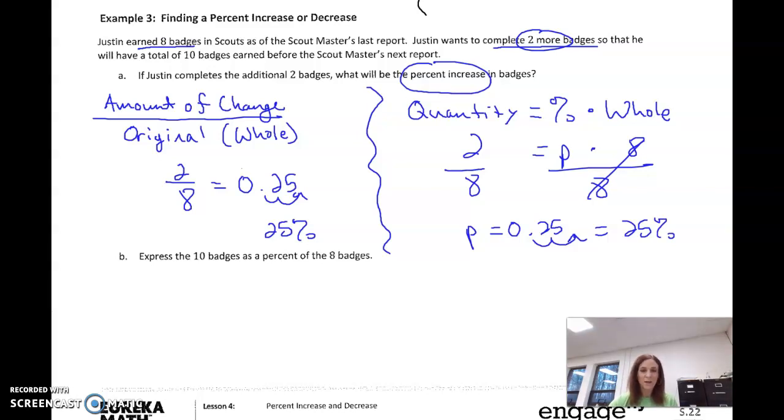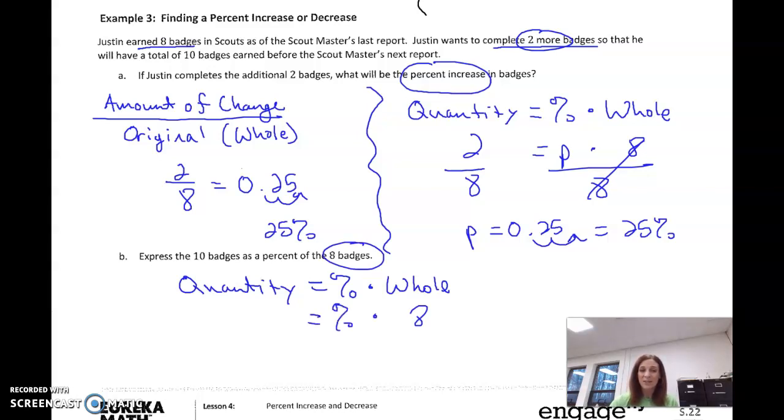All right, now express the 10 badges as a percent of the 8 badges. Okay, so using quantity equals percent times whole, 8 is still the whole. That's what he has. We don't know the percent, but now we want to express the, you know what, let me show you another hint here. Of the badges, remember? The word of goes with whole.